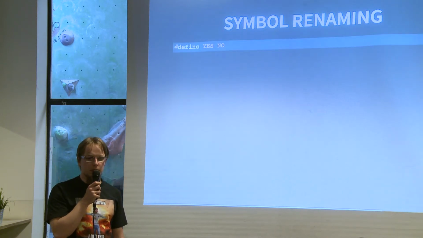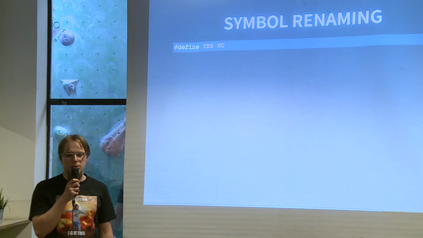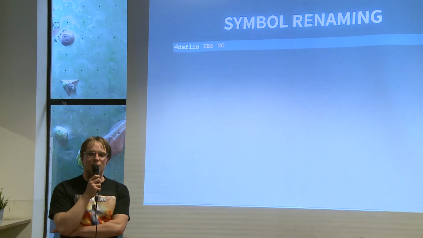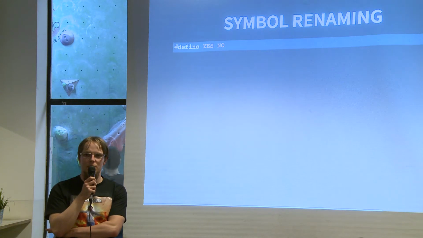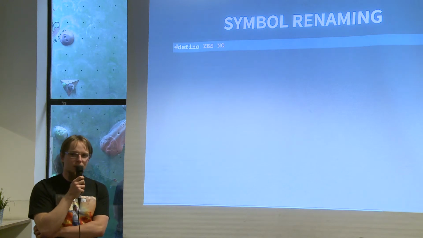So maybe let's put in a define, which will change the name. This is really simple, but then we start thinking we have a lot of classes, a lot of methods, and then we have to find different identifiers, watch out for the conflicts, a lot of work.